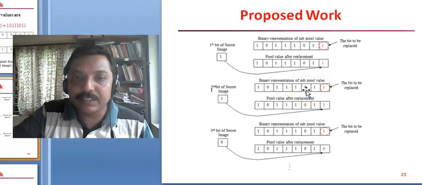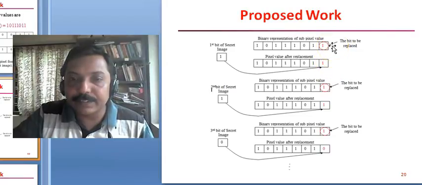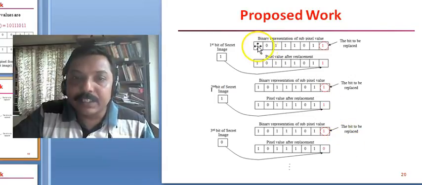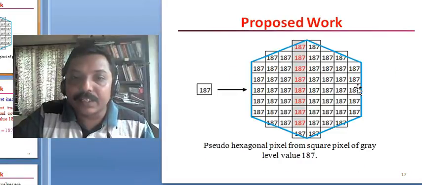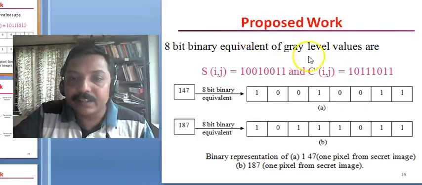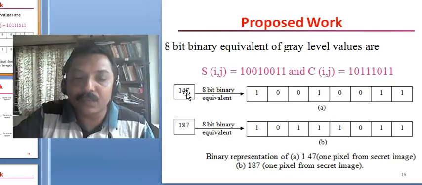And these are the steps included in this method. First, we represent the binary representation of a subpixel value. We consider the first subpixel, which has 187, to hide the bits of the secret pixel having value 147.